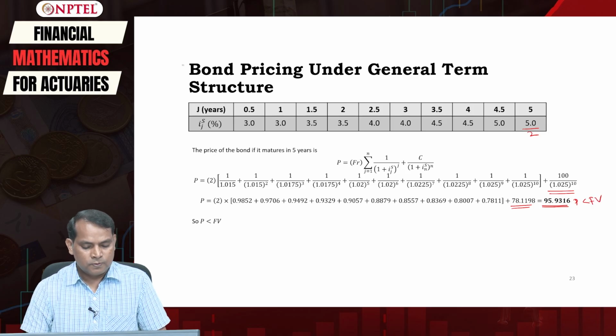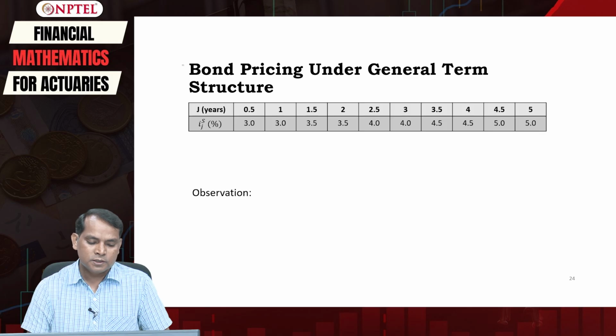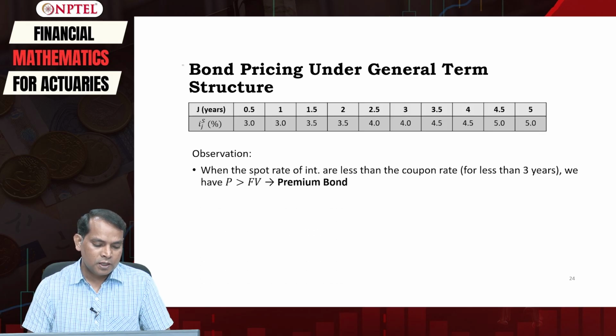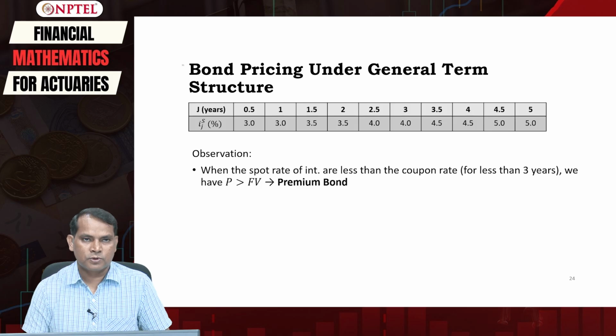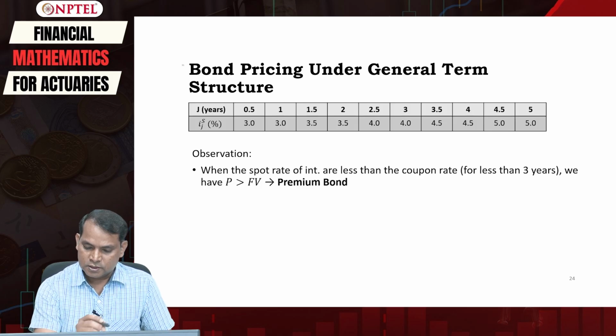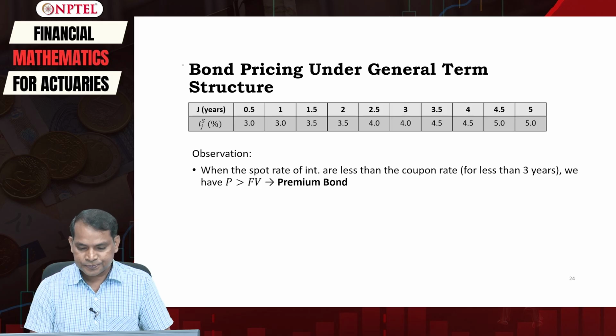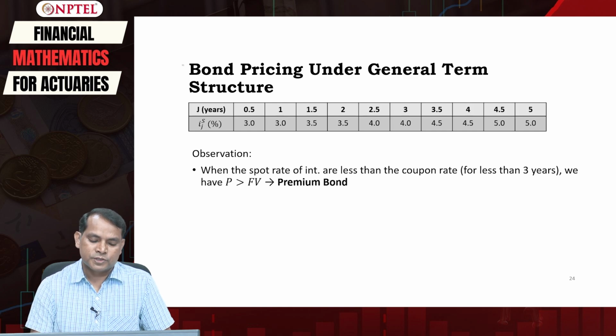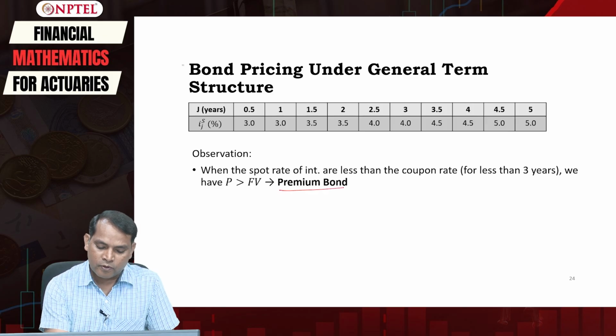So, what have we observed here? When the spot rates of interest are less than the coupon rate, that is for less than 3 years, we have P greater than FV, or the price is greater than the face value, which is for a premium bond.